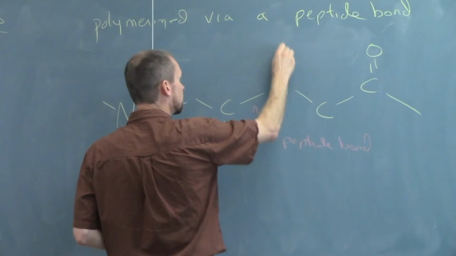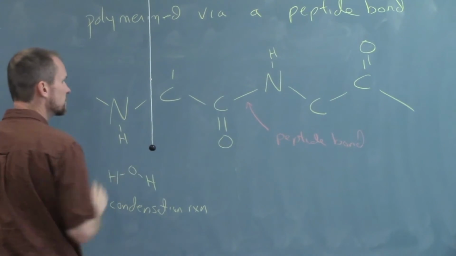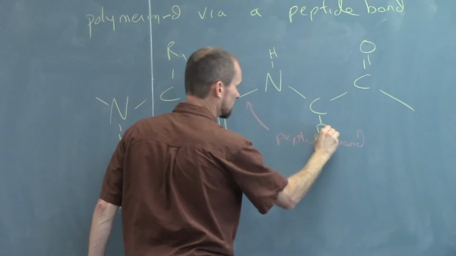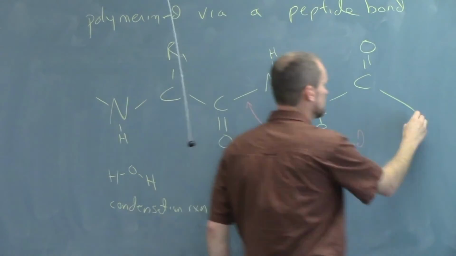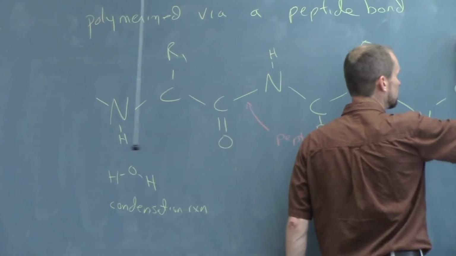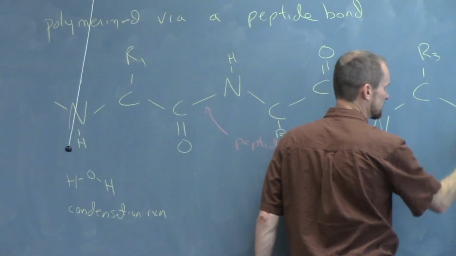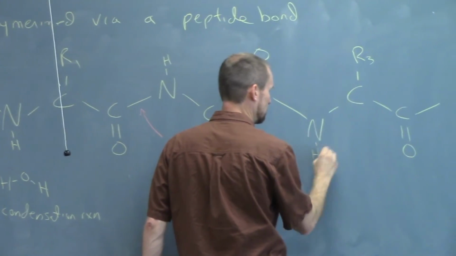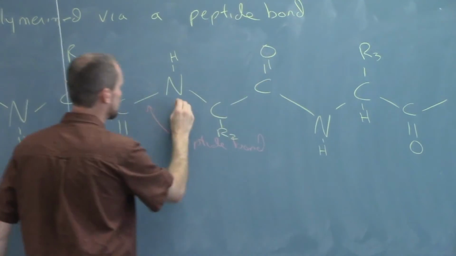And let's see, we still have a hydrogen on the nitrogen. Now we have multiple side groups here, R1, R2. We can keep going. N, C, R3, CO. Still have a proton up here.